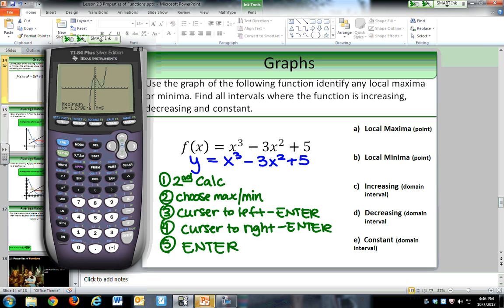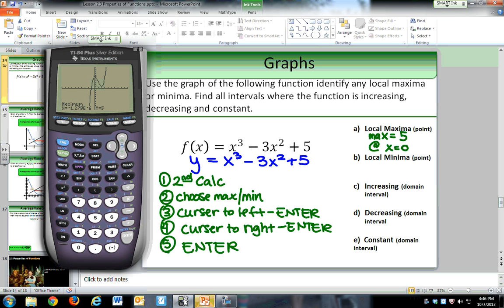That is very close to 0. So the local max is equal to 5, because that's our y value, and it occurs at x equals 0.